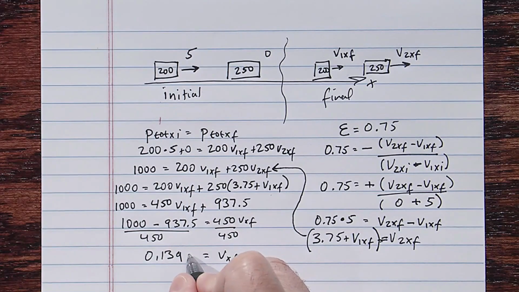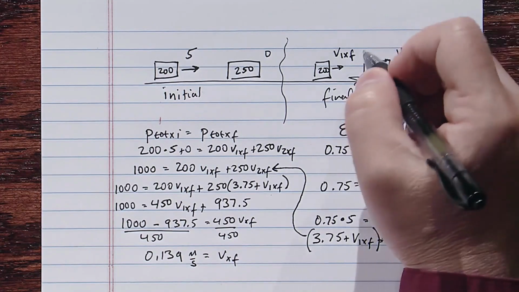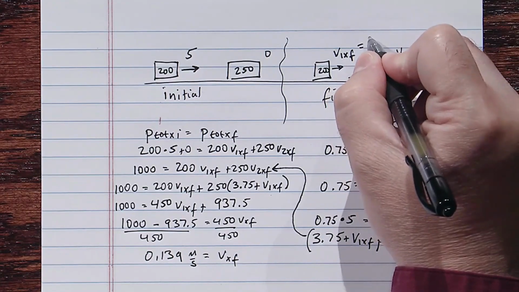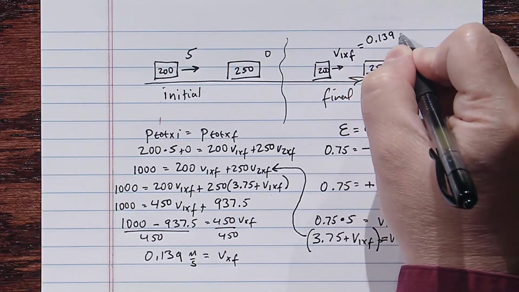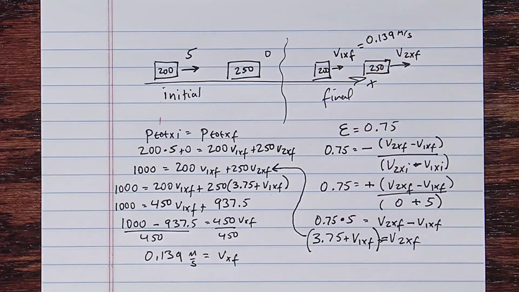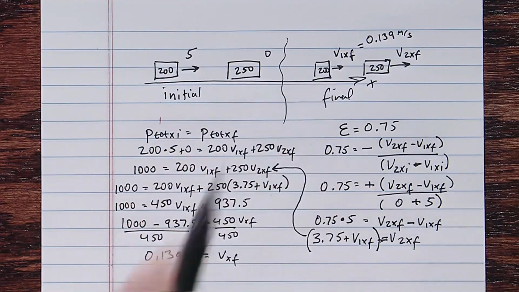And that would be 0.139 meters per second. So car 1 is moving at 0.139 meters per second after the collision. So that car went from 5 meters per second down to 0.139 meters per second.